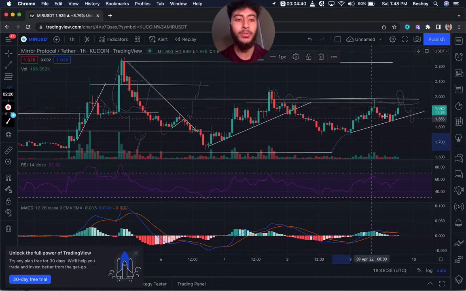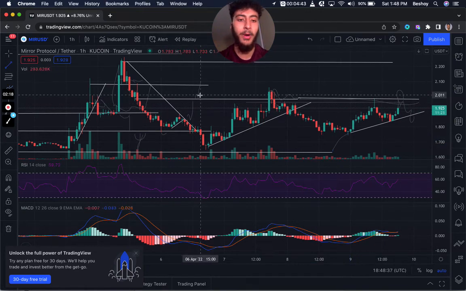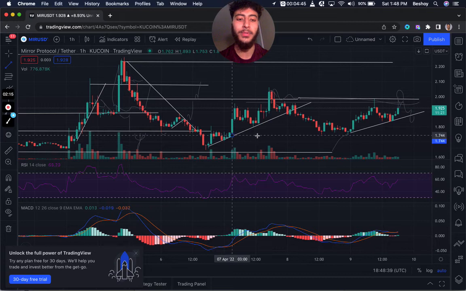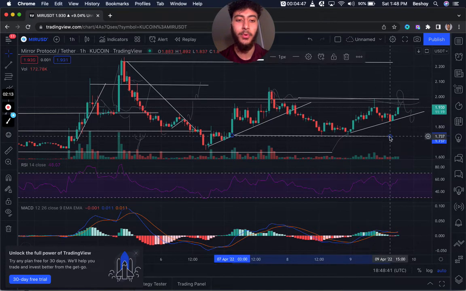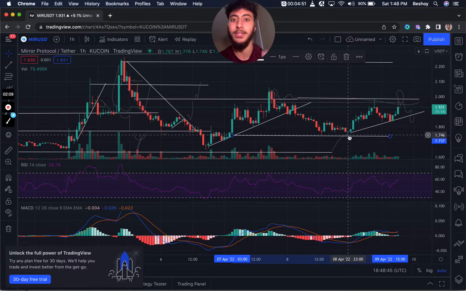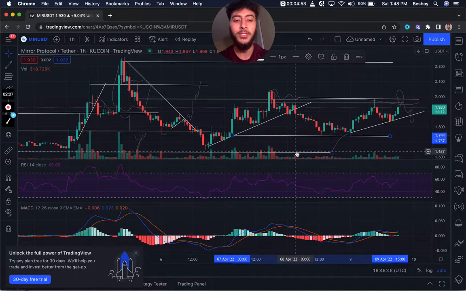So keep in mind these zones here. We also had a double bottom here at these areas where, after price broke, we saw a support area being created. As you can see here, price never closed down here, so we know that this is a heavy support area, with the support area that we have here at about 1.6, okay?